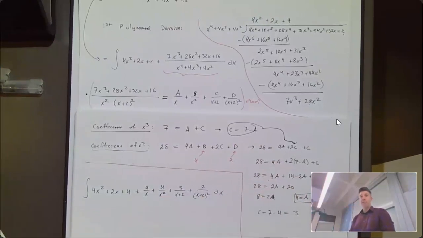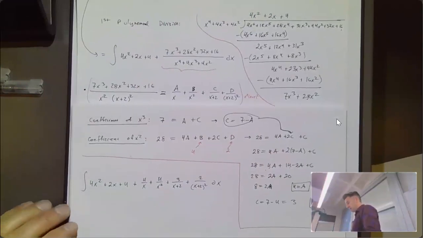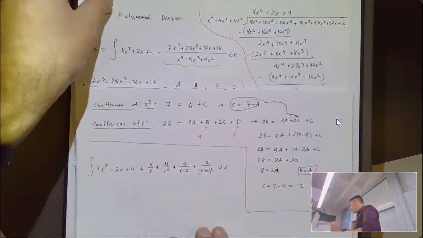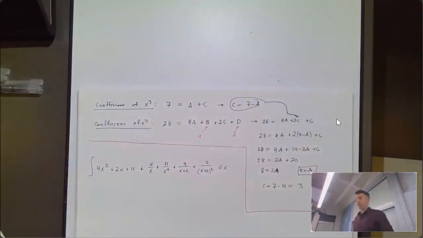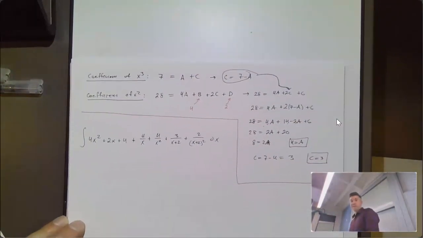Wow, it's a lot. And then we integrate each thing. The funny thing about these problems is usually the integration part is not the hard part. It's making it look like something we can integrate.